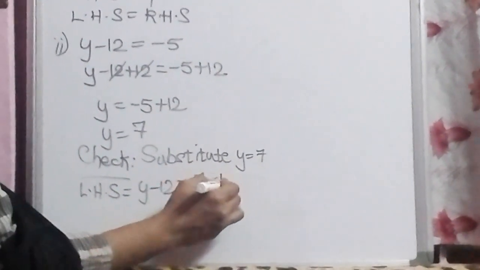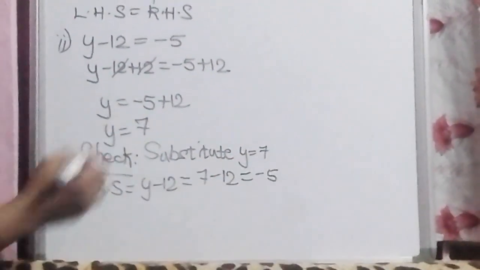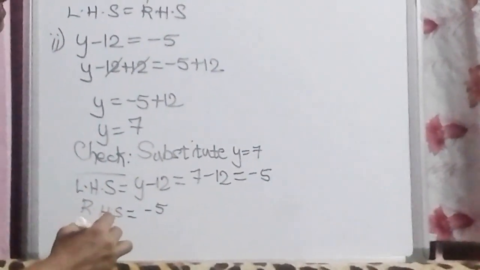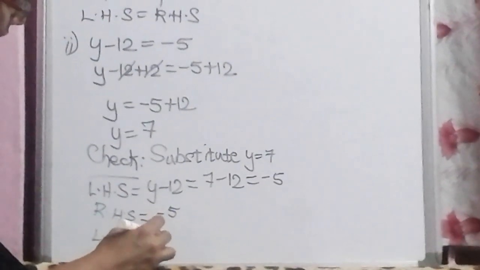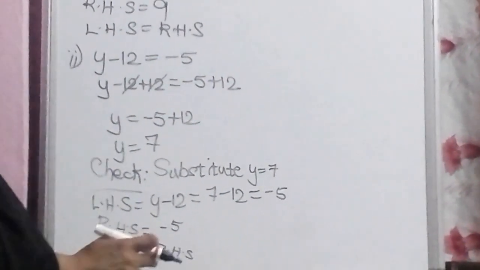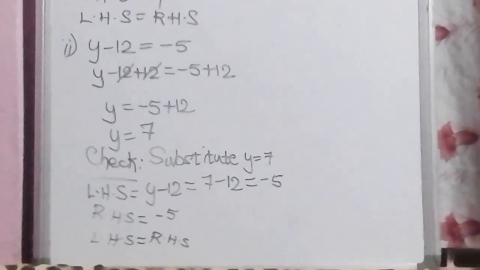So this is 7 minus 12. 7 minus 12 is minus 5. What is given in the RHS side? It is minus 5. So LHS is equal to RHS. So the value that you found for y, that is correct. Now let us do the third bit.